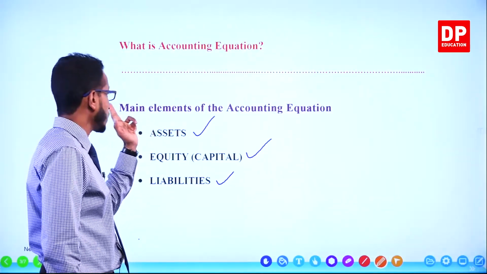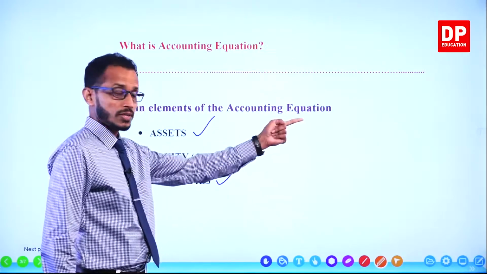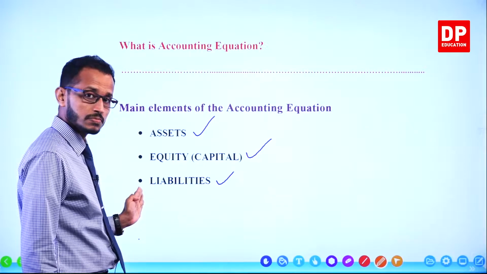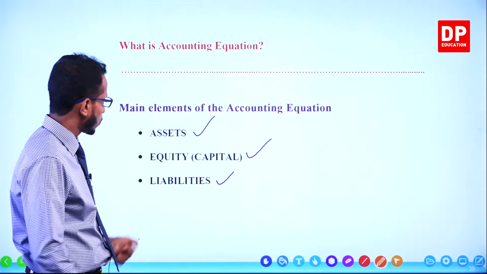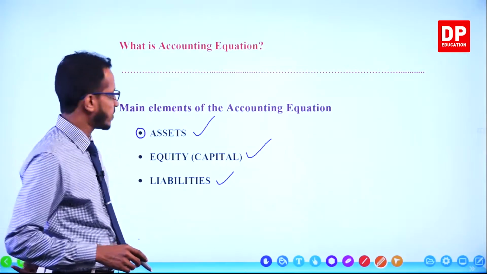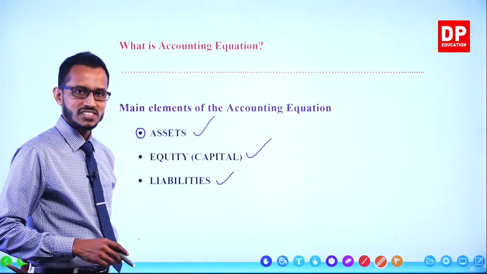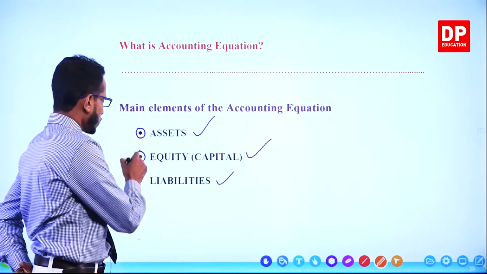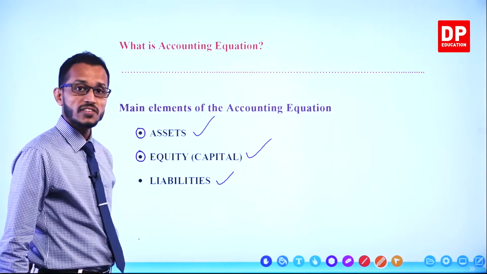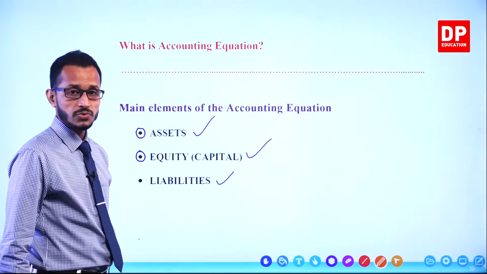On this screen it says the main elements of the accounting equation are these three. First of all, we have assets, the first element. Secondly, we have equity. And third, we have liabilities.